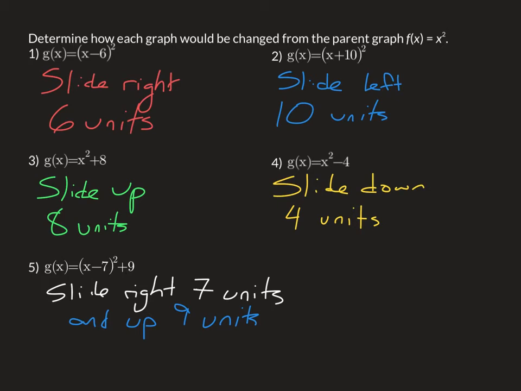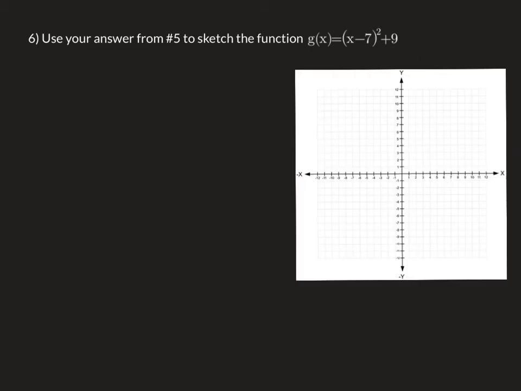All right, let's apply this to actually being able to graph these. In number 6, we're going to use what we talked about in number 5 to sketch our function x minus 7 quantity squared plus 9. So we know it's going to be right 7 and up 9.